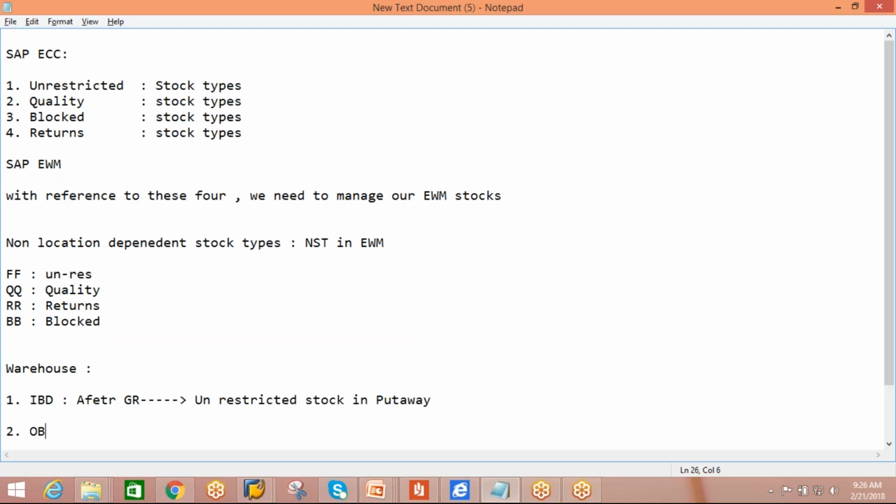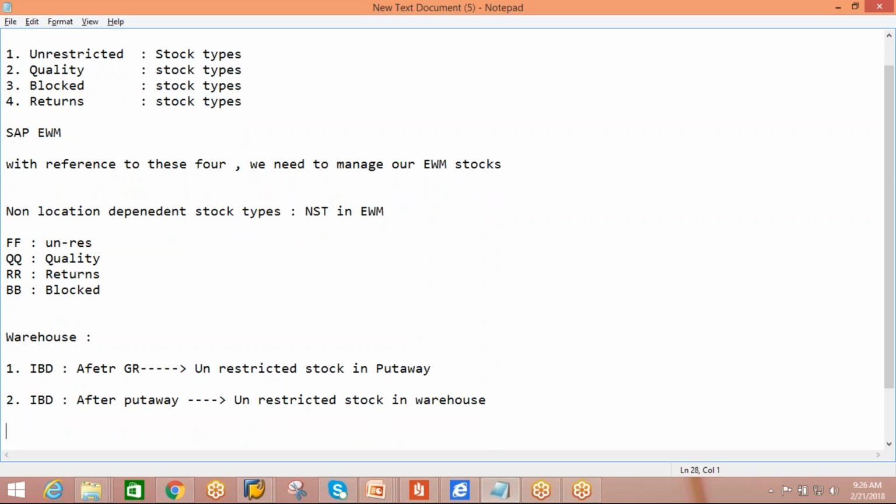Same IBD. After putaway, I want to manage my stocks as unrestricted stock in warehouse.